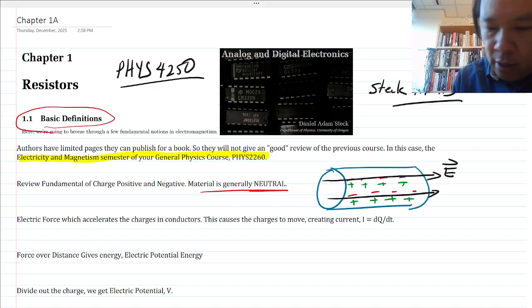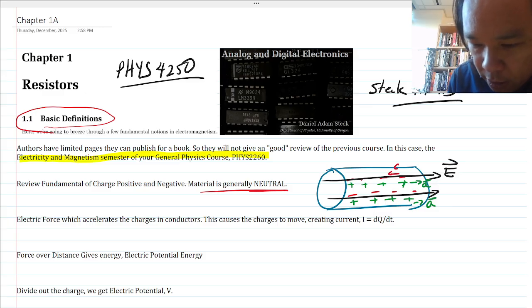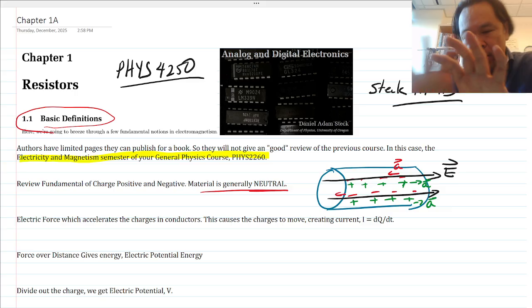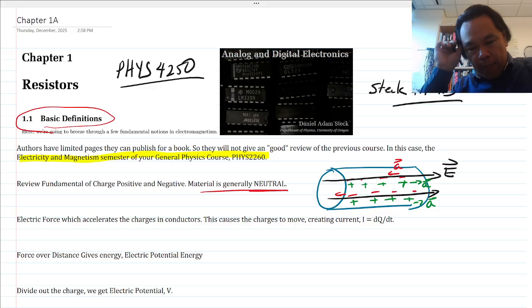The positive charges will be accelerated along the direction of the electric field, while the negative charges will be accelerated in the opposite direction. So you're basically pulling these charges apart.